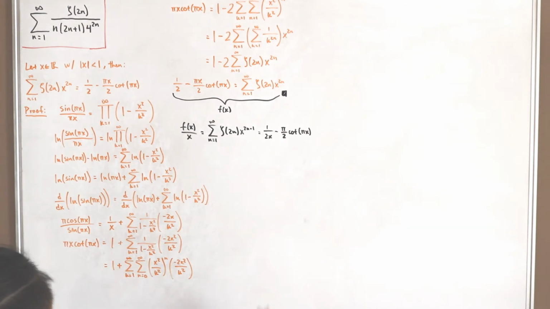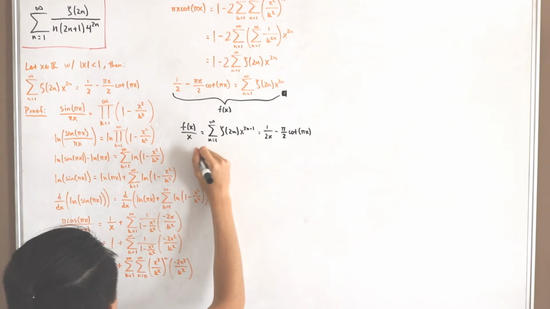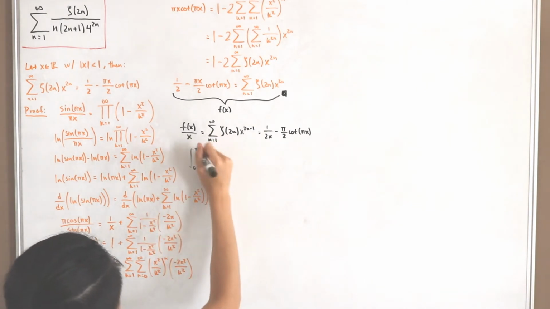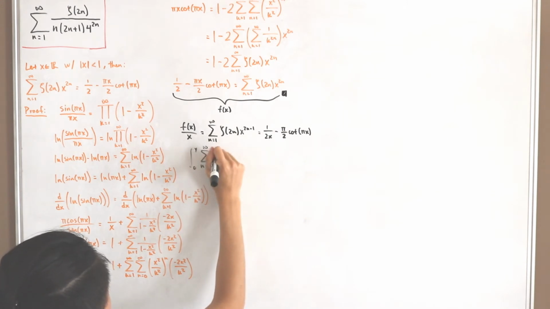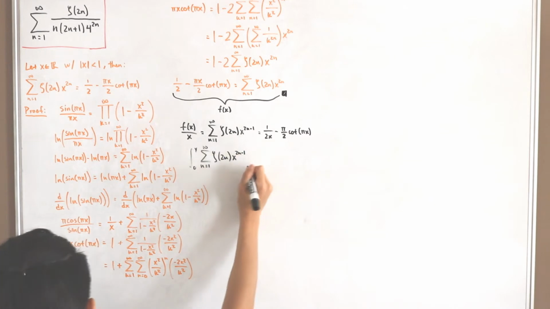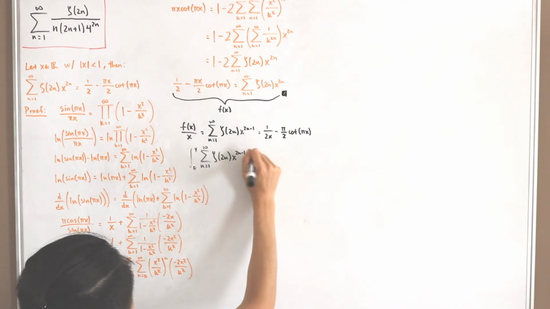So what this means is that I can take the integral with bounds from 0 to y of our infinite sum of the Riemann zeta of 2n times x to the 2n minus 1 dx, of course.